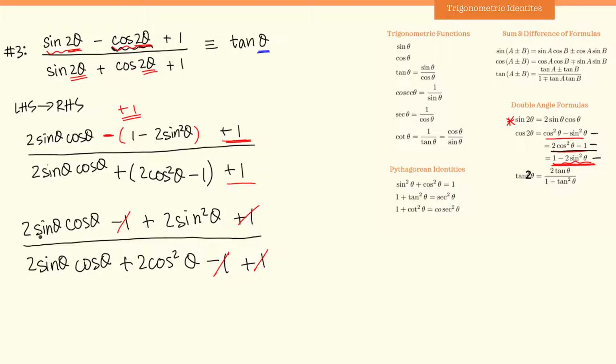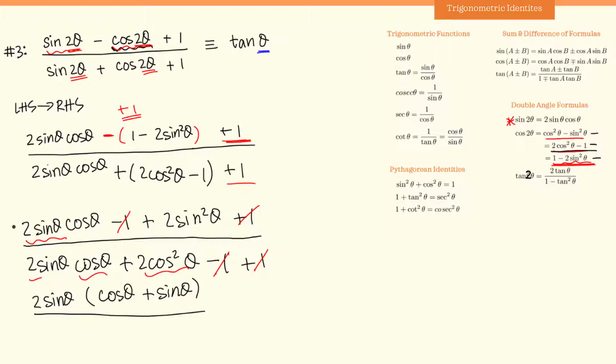In the numerator I have two terms and both have a 2 sine theta with them. So in the numerator I can take 2 sine theta common, and I will get cosine theta plus sine theta. And in the denominator, the two terms that I have both have a 2 cosine theta with them.